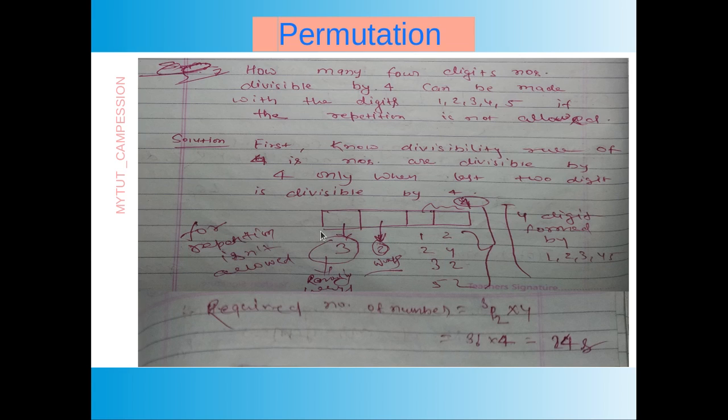Since repetition is not allowed, we can fill the remaining places in 3 ways and 2 ways. So the required number of ways is 3P2 into 4, which is 3 factorial into 4, by the fundamental principle of multiplication. That gives 24 numbers of 4 digits which are divisible by 4.